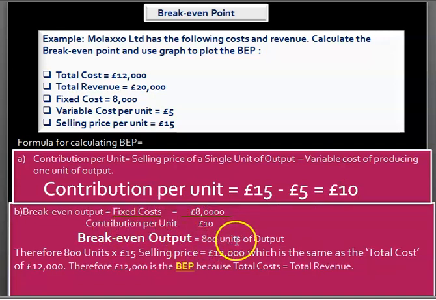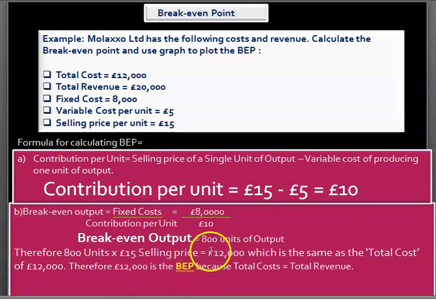You're going to get 800 units of output. Therefore, this 800 units multiplied by £15 selling price will give you £12,000, which is the same as the total cost of £12,000. Therefore, £12,000 is the break-even point.